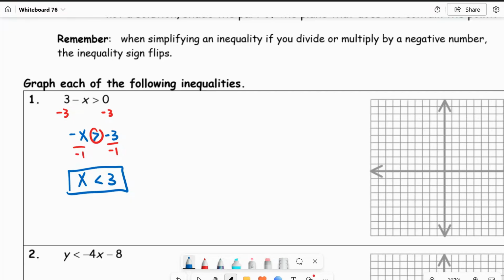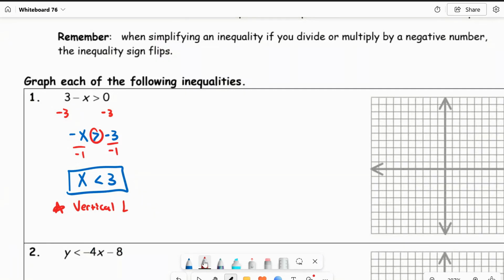Next, before we test a point here, x is less than 3. Anytime we have an equation that is x equals 3, remember, that's going to give us a vertical line. And we know that this inequality is going to be a dashed line because we just have a less than symbol.